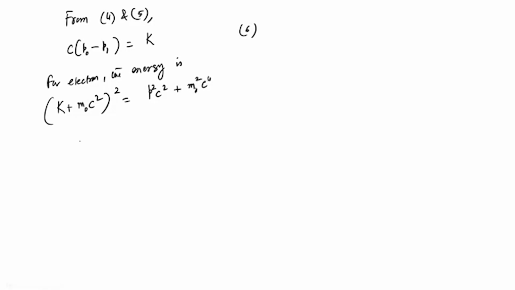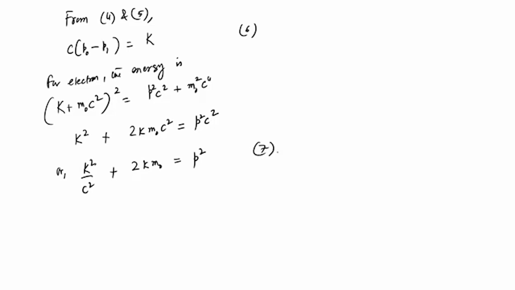If you open the bracket and simplify, this will give K square plus 2K m naught C square equal to P square C square, because the other term cancels. So K square over C square plus 2K m naught equals P square. Let's call that equation 7.